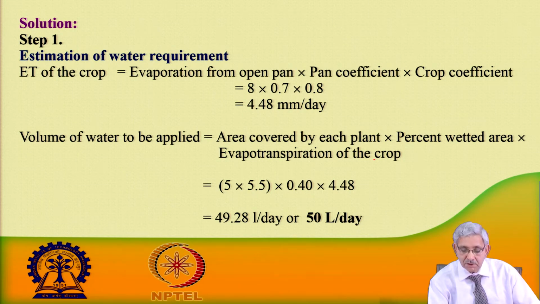When we multiply, we get cubic meter per day, which is converted into liter per day, coming as 49.28 liter per day or 50 liter per day. So, for each plant we need to supply 50 liter of water per day.